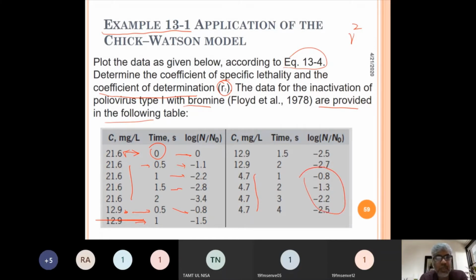So what we have to do is plot using this equation. We have to determine this coefficient of specific lethality and the coefficient of determination, R square value.